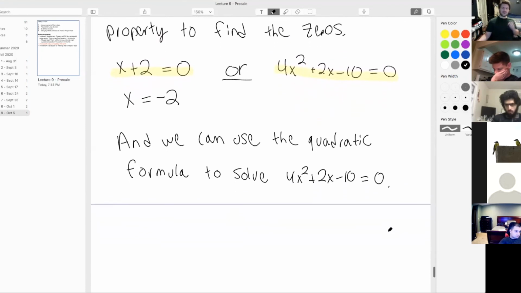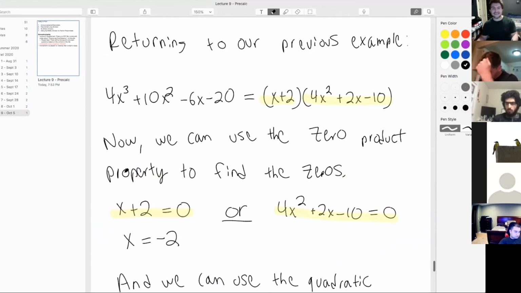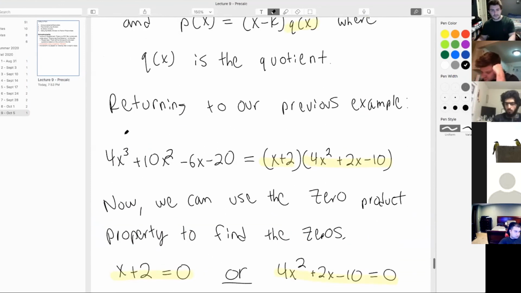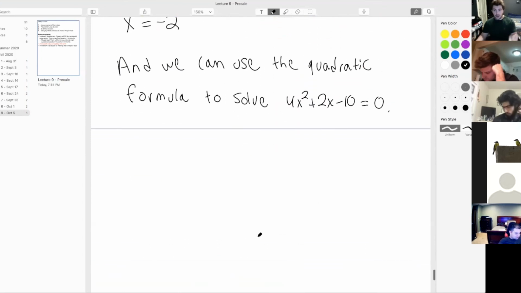Okay, so I hope we're not losing sight of the big picture here. We're just finding the zeros of this polynomial 4x cubed plus 10x squared minus 6x minus 20 after we have factored it. All right. And now this is something we've done a few weeks ago.